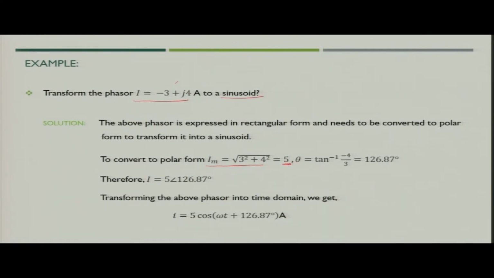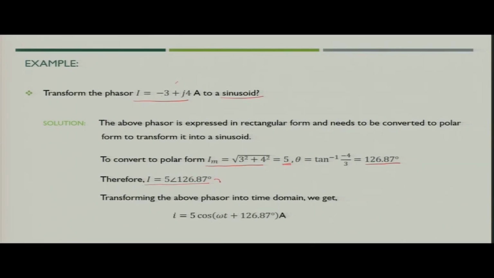Then angle theta is tan inverse of y by x, which is tan inverse of minus 4 by 3, that comes out to be 126.87 degree. Therefore, in phasor form, current I is 5 angle 126.87 degree.